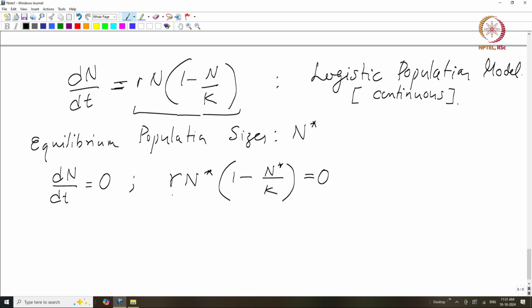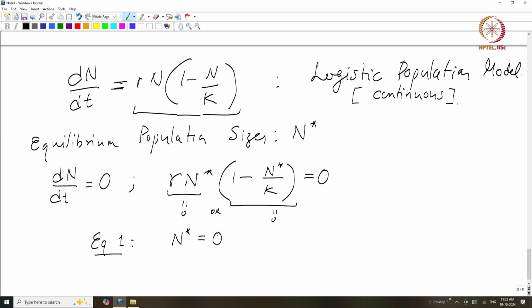Now this is a multiplication of two terms. A multiplication of two terms can be 0 when one of the terms is 0. That means either this is 0 or this is 0. If the first term is 0, we will get the first equilibrium, which is basically n star is equal to 0.